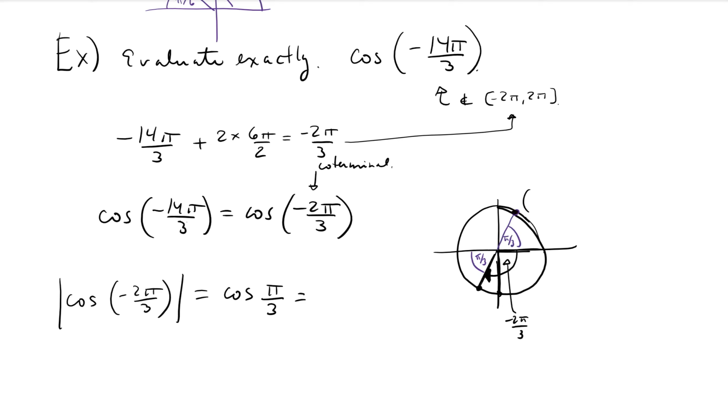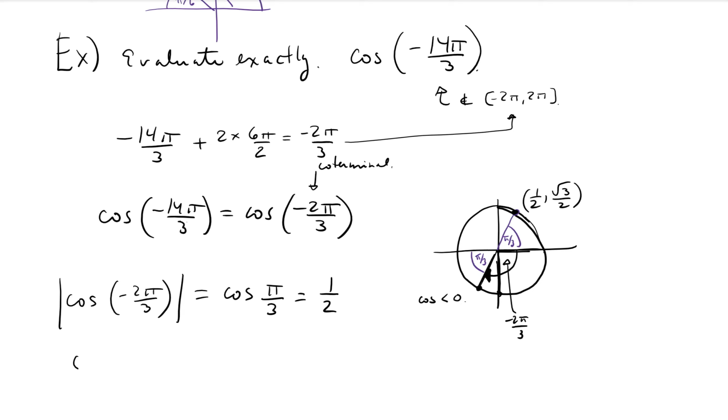It's a triangle with a small base, so 1/2 is the first coordinate and square root 3 over 2 is the second one. From this I can recover the cosine. That's 1/2. Finally, for my cosine of minus 2 pi over 3, I need to determine if it's going to be plus 1/2 or minus 1/2. Notice that cosine is negative here, because we're in quadrant 3 in our picture.